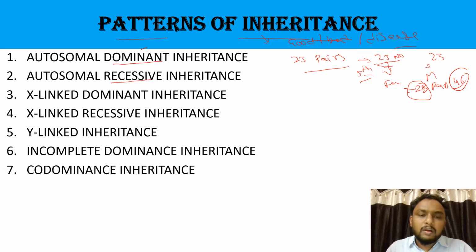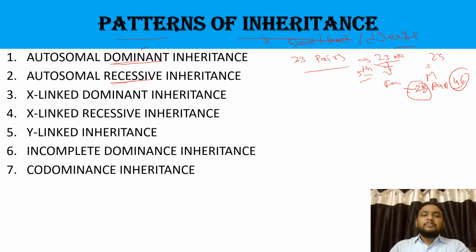Dominant means having the power to exhibit these features in an offspring, and recessive means the lack of power to exhibit the characteristics. It needs support to exhibit. That is dominant and recessive. If you understand these two meanings, you will automatically understand all these types of inheritance.